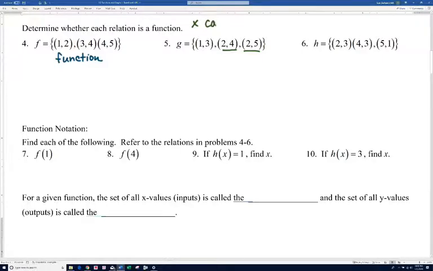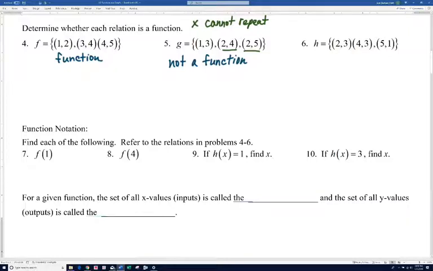X cannot repeat. Because when you're looking at a set of ordered pairs, if x repeats, then you're not going to have a function. So notice 2 repeats. 2 corresponds to two different outputs, 4 and 5, and so this is definitely not a function.